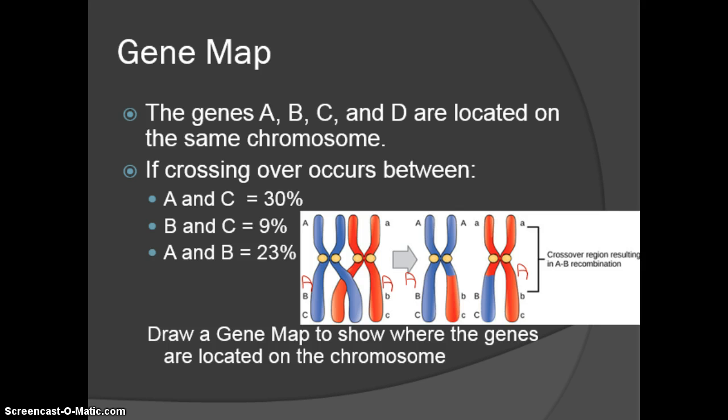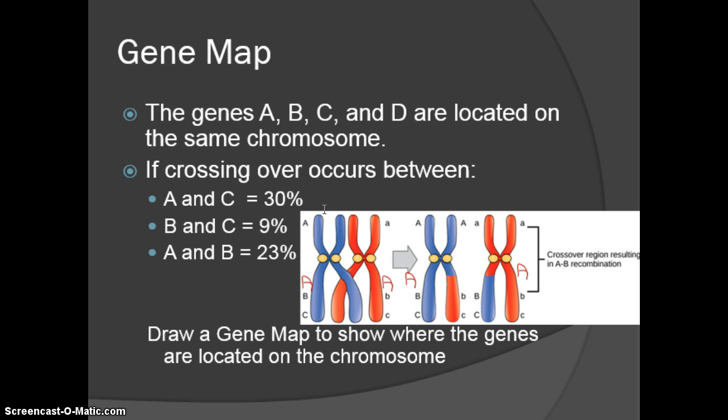Well, you're always going to want to look at the highest number first. Between A and C, we have a 30% chance that crossing over is going to take place. So we know they're most likely further away from each other on the gene map because there's a higher probability that those are going to get separated. B and C has a 9% and A and B has a 23%.